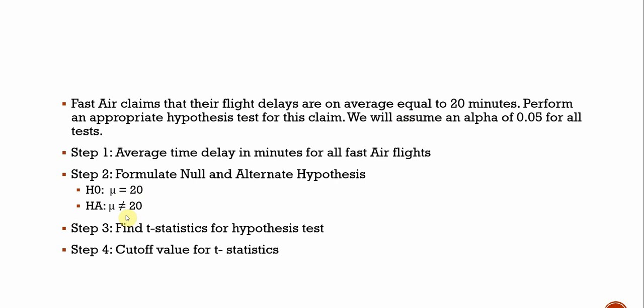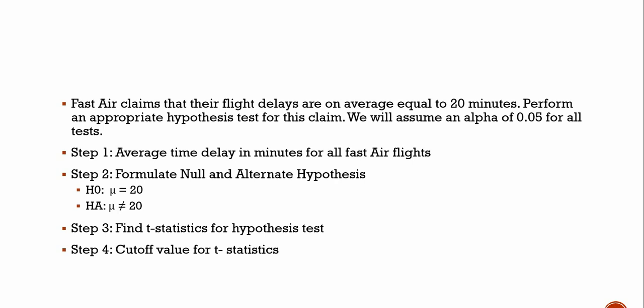The alternate will be population mean is not equal to 20. So this is the null and the alternate hypothesis. Once we have formulated them, step 3 will be to find the t statistic for the hypothesis test, that is the t value.